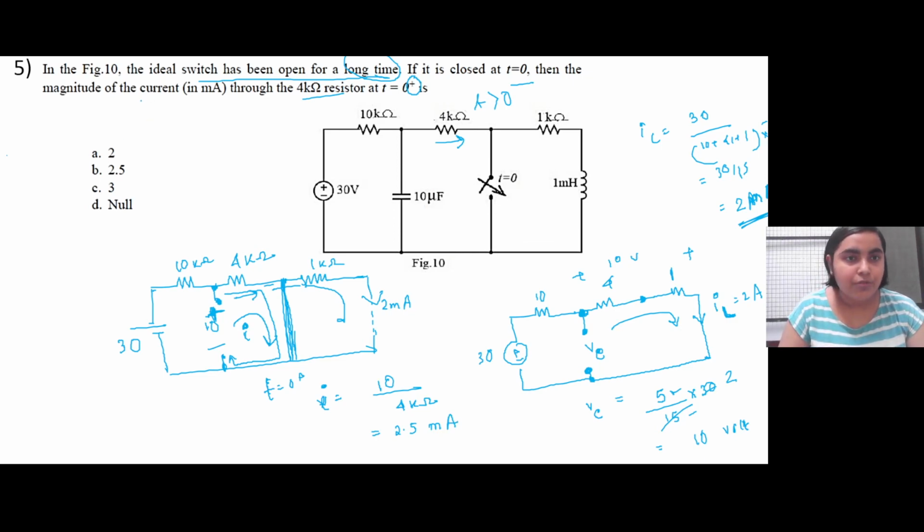So you have to find the magnitude of current in milliampere. So the correct option is option B, 2.5 milliampere. Everyone got this one?